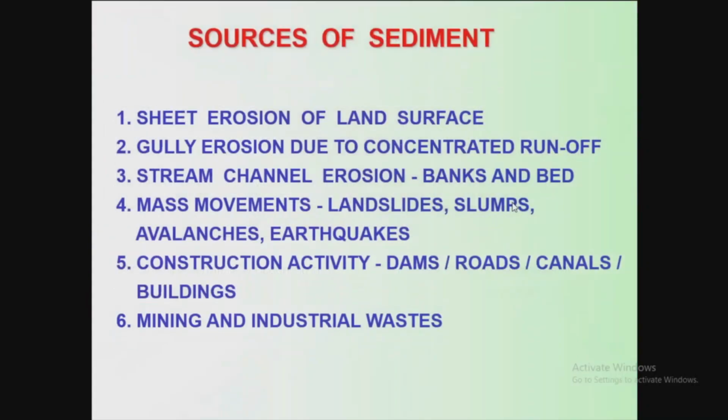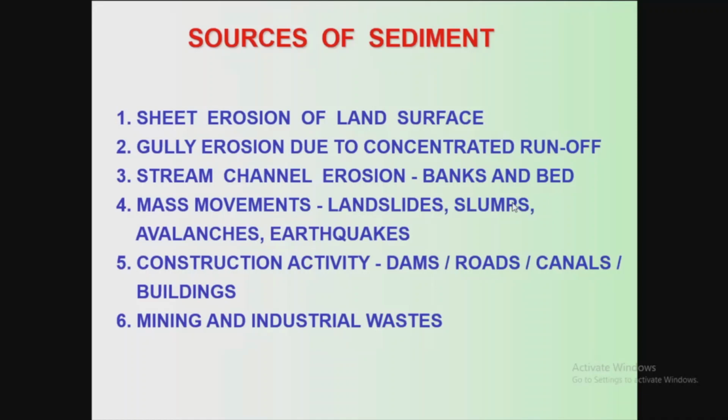Now, sources of sediment: from where does it come? Whenever rainfall occurs over the whole catchment, there are droplets of water and there is loose soil, so at that time sheet erosion will occur throughout the catchment. The tiny soil particles will flow with water, and that is known as sheet erosion.